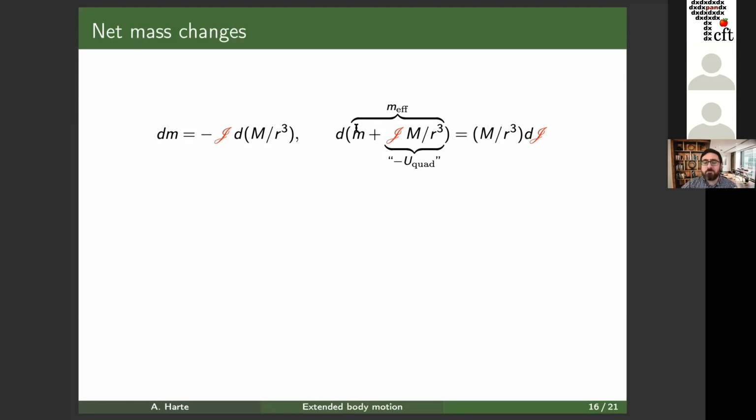We define this as some kind of effective mass. Of course, if you know one mass, you know the other one, so they're equivalent. But the nice thing about this expression is that changes in this mass depend only on changes in your quadrupole moment, and this depends on changes in your curvature.